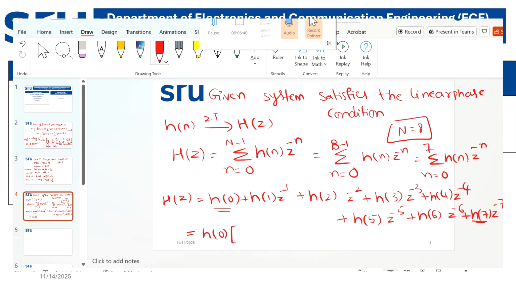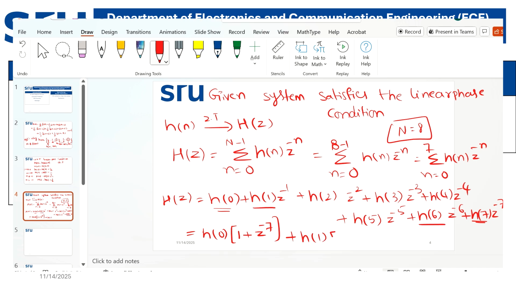If I take h of 0 common from the first term and last term, I have 1 plus Z power minus 7. If I take h of 1 common from h of 1 and h of 6, then I have Z power minus 1 plus Z power minus 6.